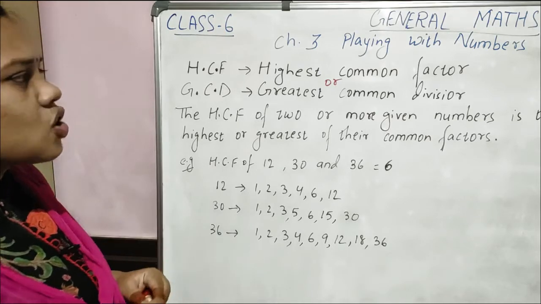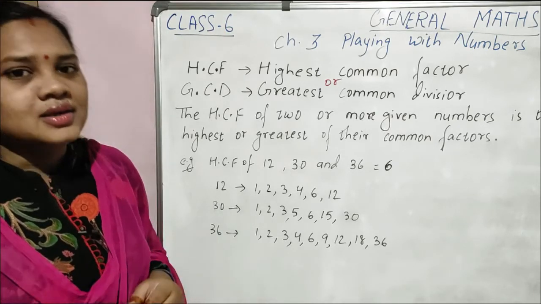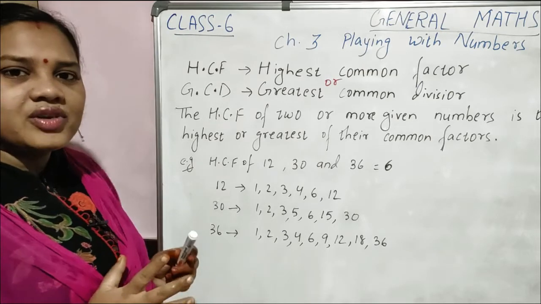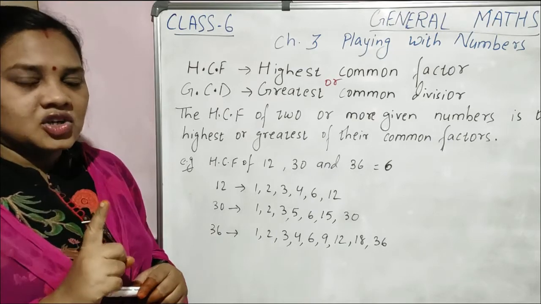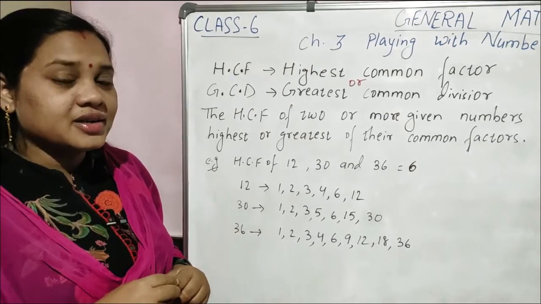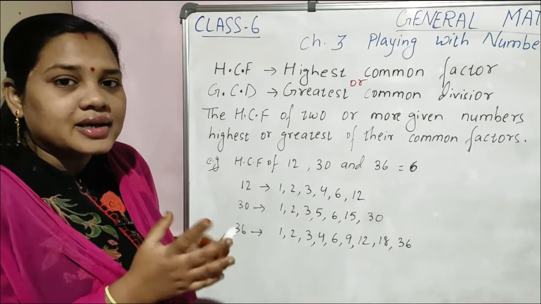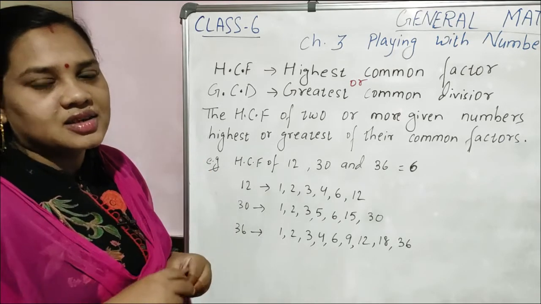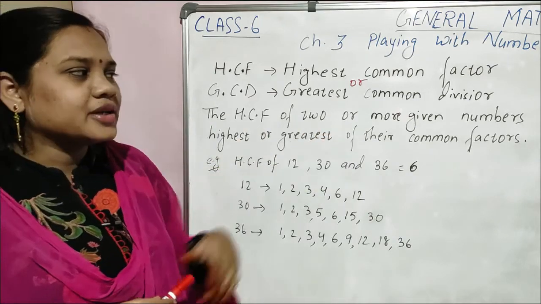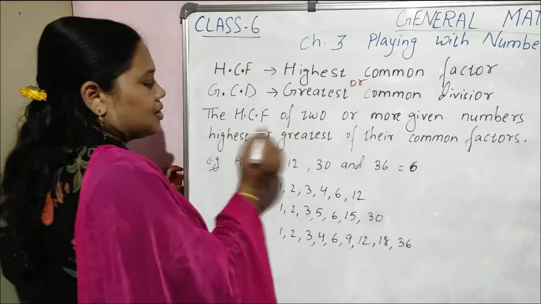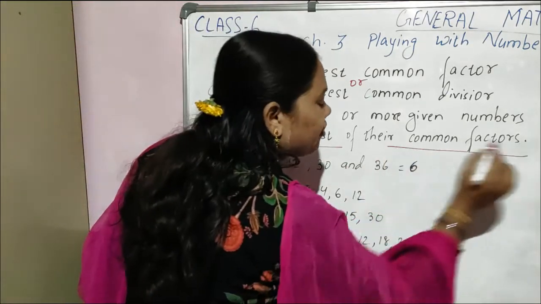So the HCF of two or more numbers is the greatest number which divides the given numbers exactly. HCF of two or more given numbers is the greatest of their common factors.